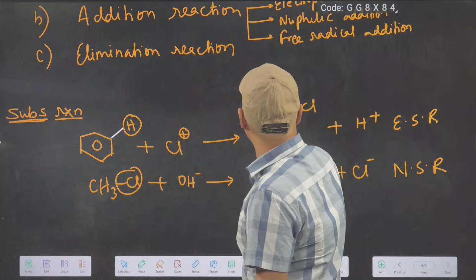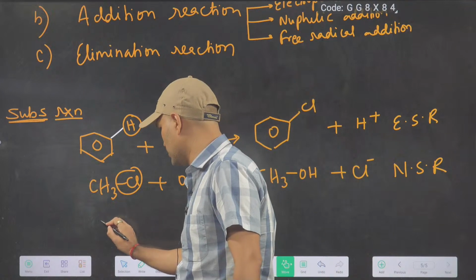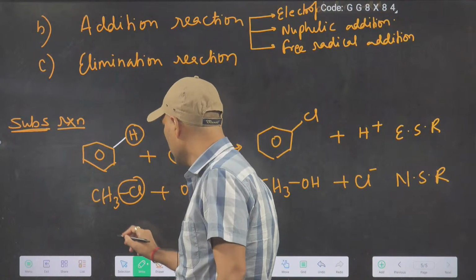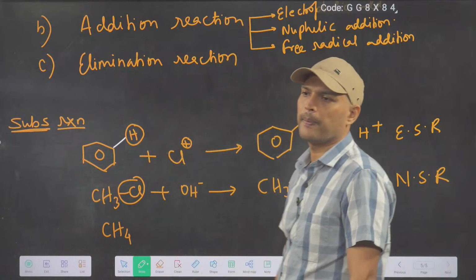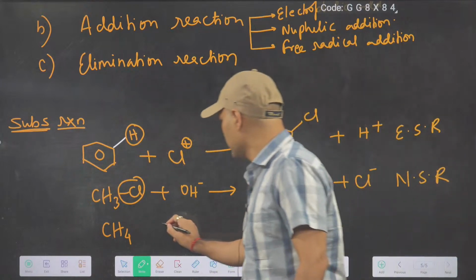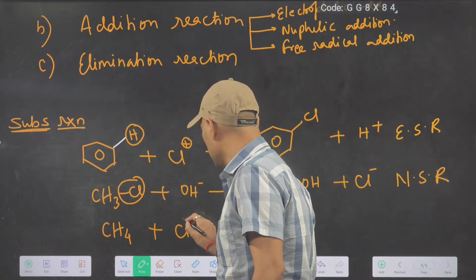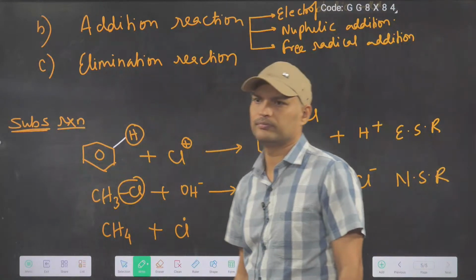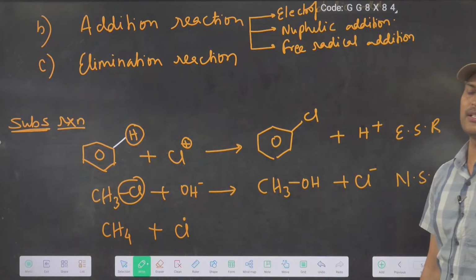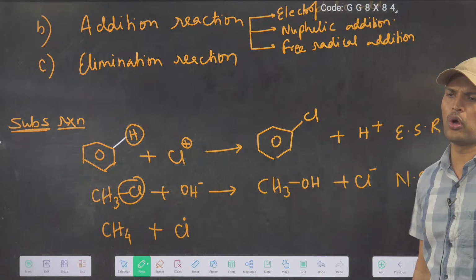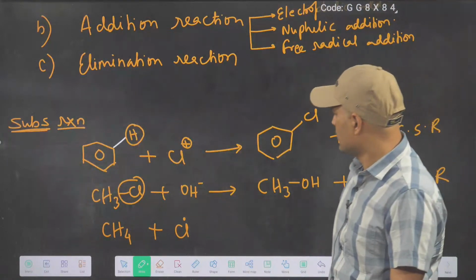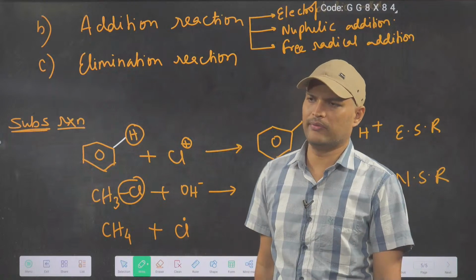Now we will say, sir, last one left, sir, free radical substitution. Okay. You know methane. You will say free radical. Sir, what is this free radical? This is called free radical. One electron you will find, dot is written, one electron. This is also electron deficient only.